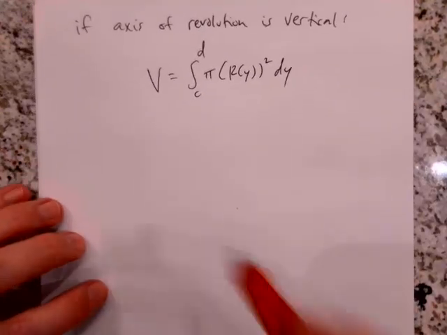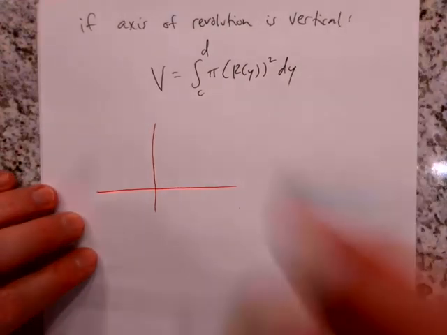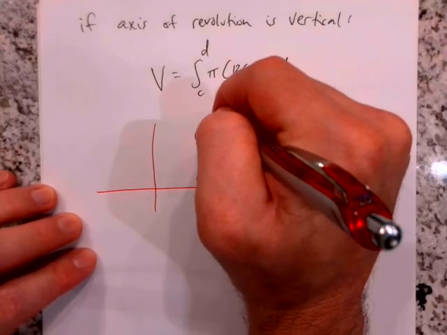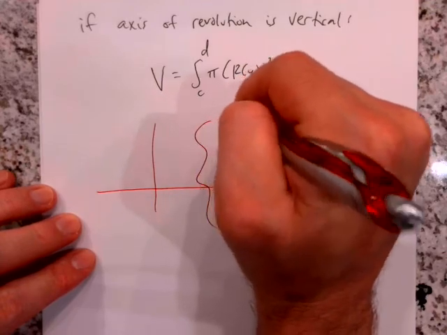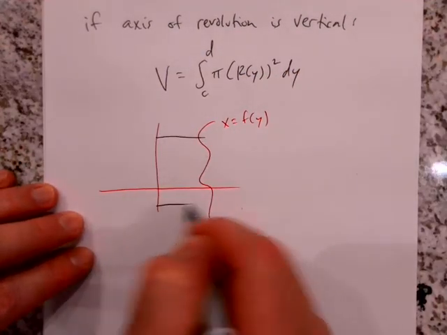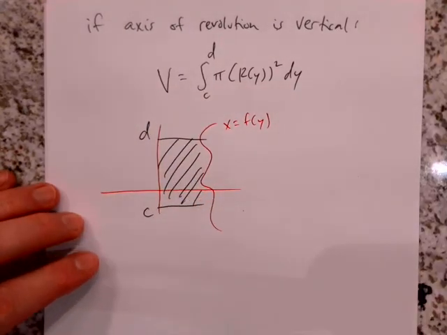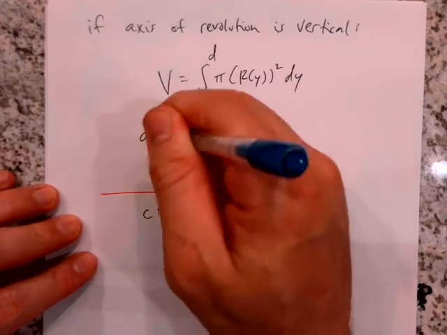Why that is so, no pun intended. Let's say we have some function that is now x equals f of y. We're going from c until d, this region right here, and then this is our axis of revolution.